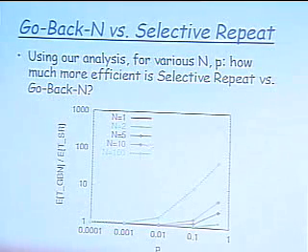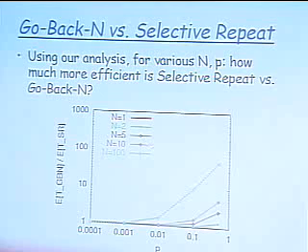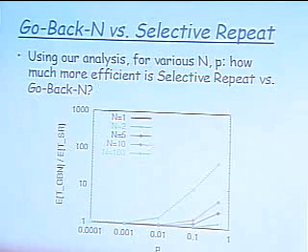So both of our intuitions, just by looking at the protocol, that selective repeat becomes better as loss probability rises, and selective repeat becomes better as the window size increases. Both of them are confirmed by this simple analysis. So any questions here?